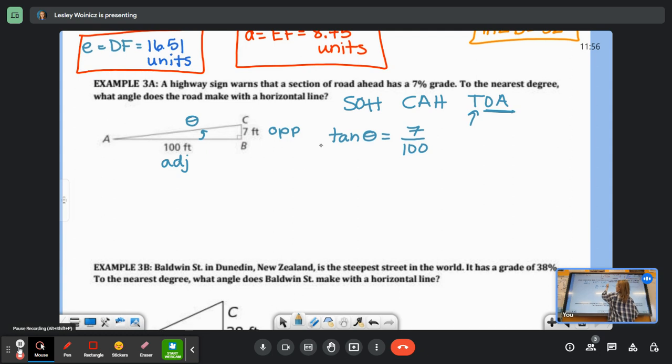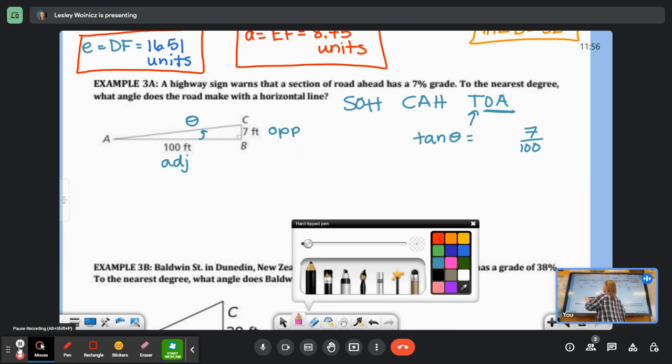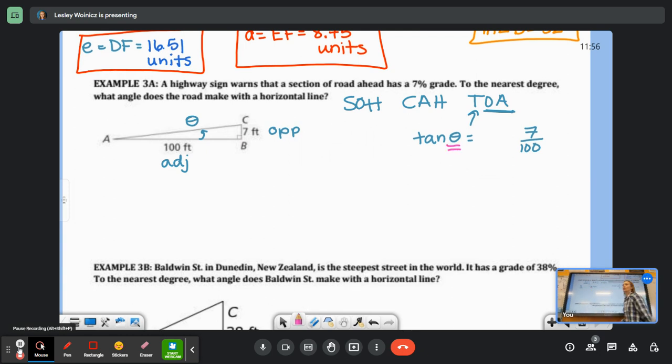I did not give myself enough room. I'm going to write it farther over here. Now, I'm trying to find an angle. The angle is my unknown. I have a ratio. I want an angle. So I'm going to undo the tangent function and get an angle. I'm going to undo the tangent using the inverse tangent.